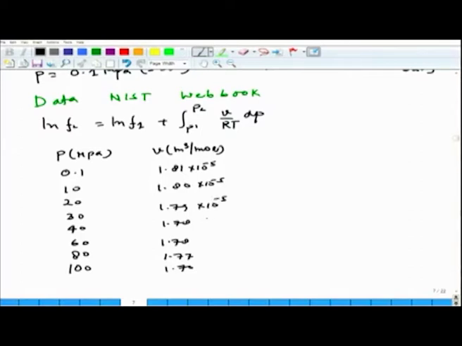These are all the values directly from the NIST web book.